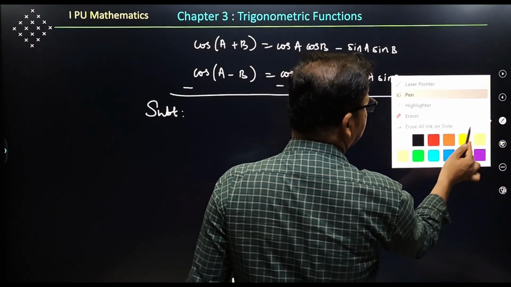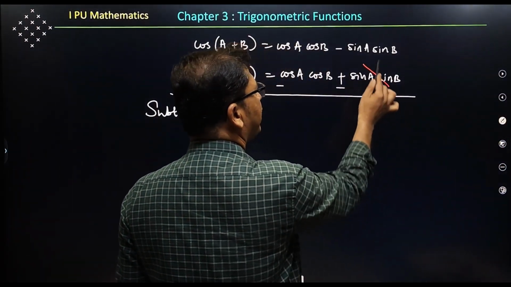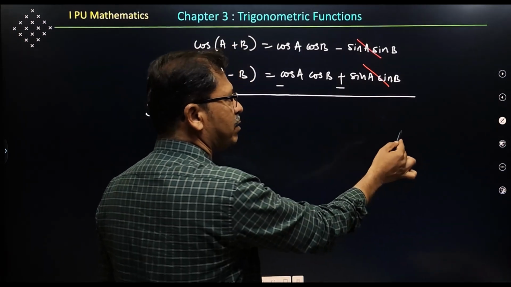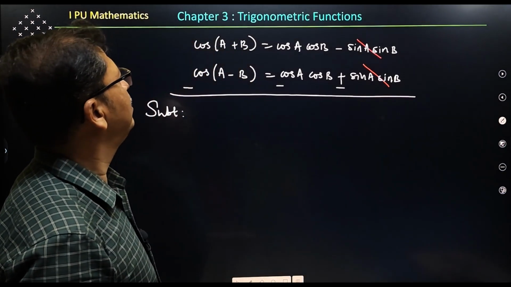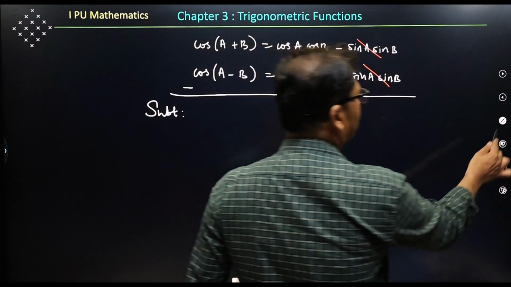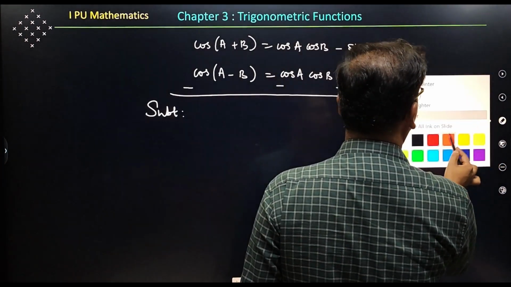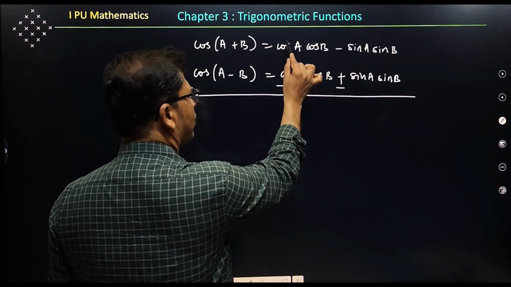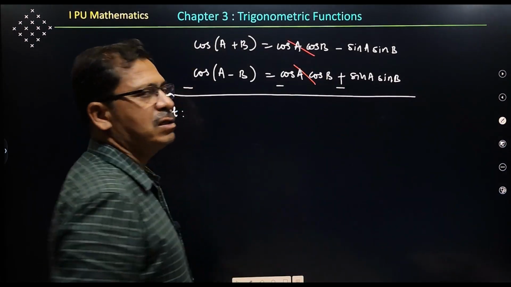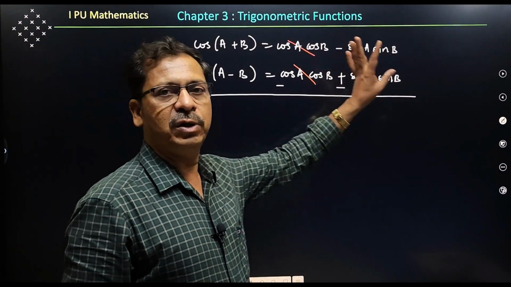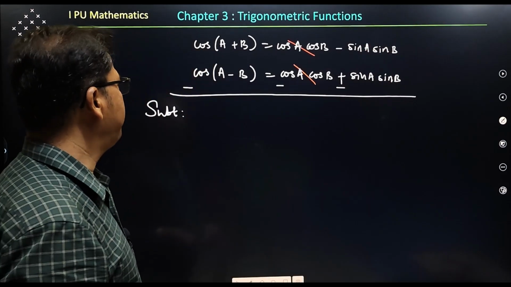Now see, it becomes what? Here in this case, plus cos a cos b minus cos a cos b cancels. These two add up actually. Both are having same sign, negative sign here.